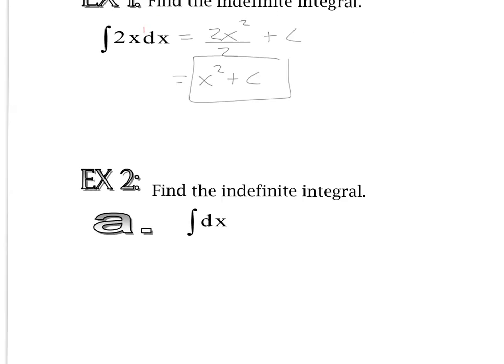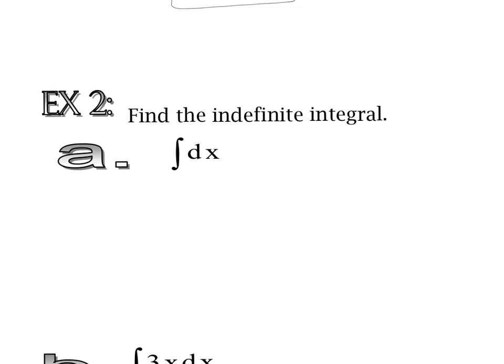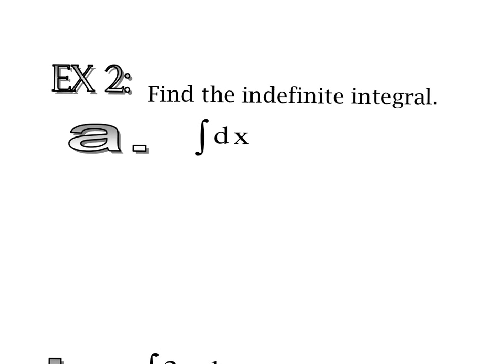So let's keep going with this. What would this be? Find the indefinite integral. Well, remember this is like a variable, and so there's an invisible coefficient of 1 here. And so that's like your k value on the previous page. And so this thing simply equals, again, you can think of it as a 1x to the 0 power, right?